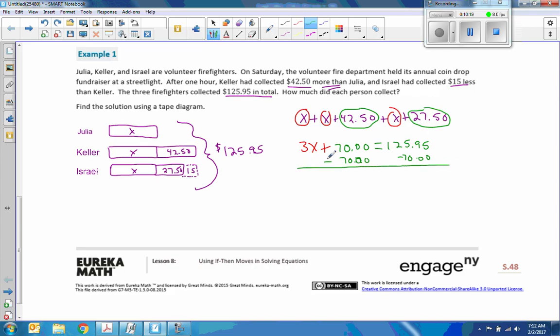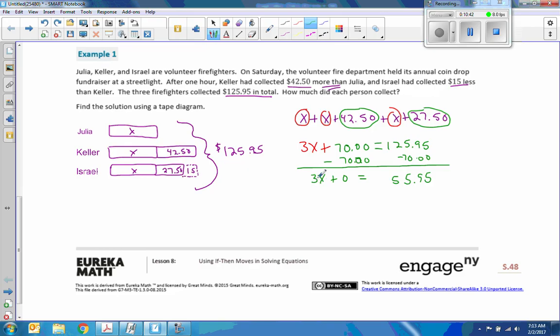What you do to one side, you do to the other. So I end up with a 3x here. 70 minus 70 equals 0. Then 5 minus 0, 9 minus 0, 5 minus 0, 12 minus 7. Okay, so now I have 3x equals this.